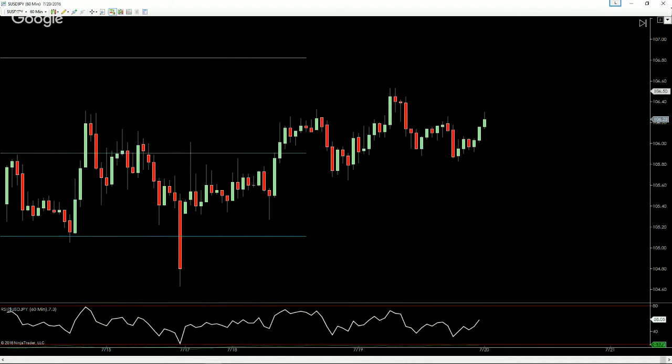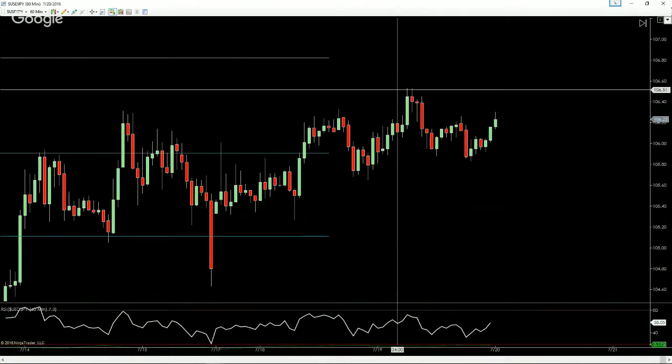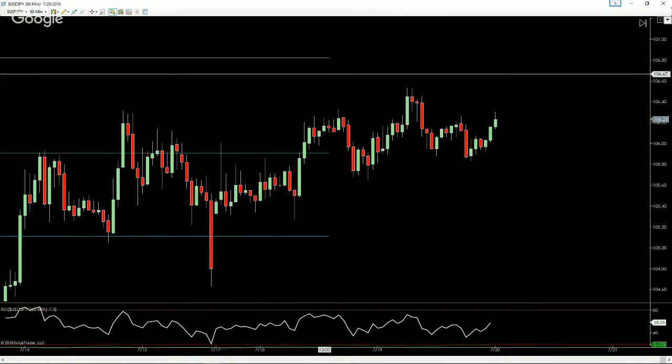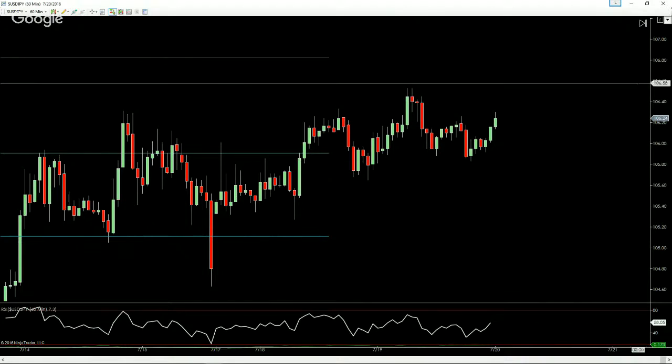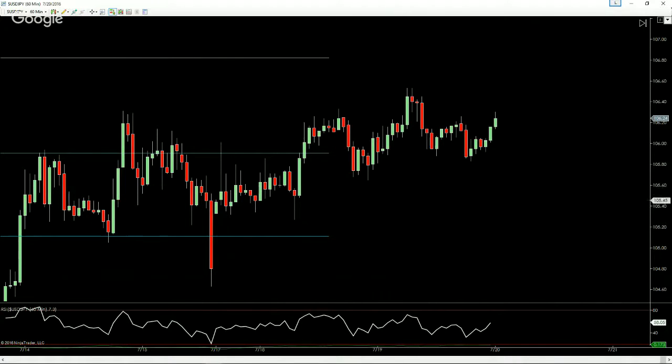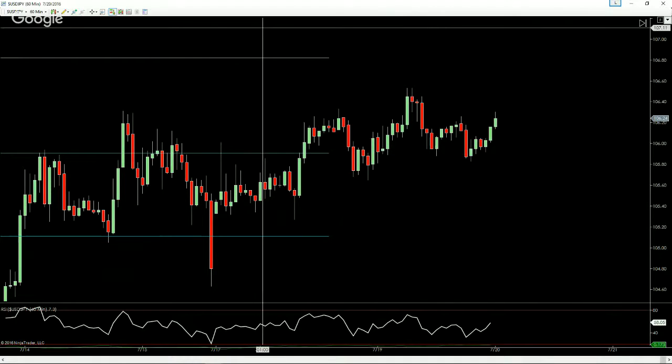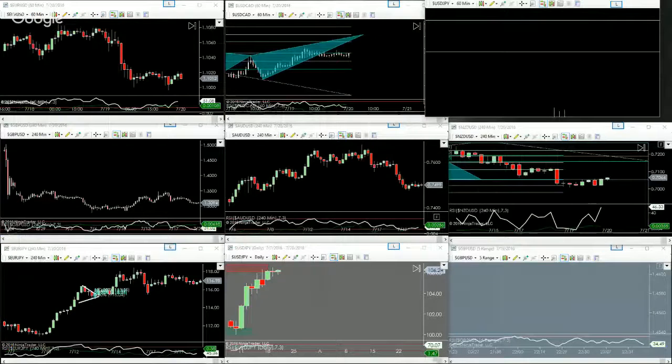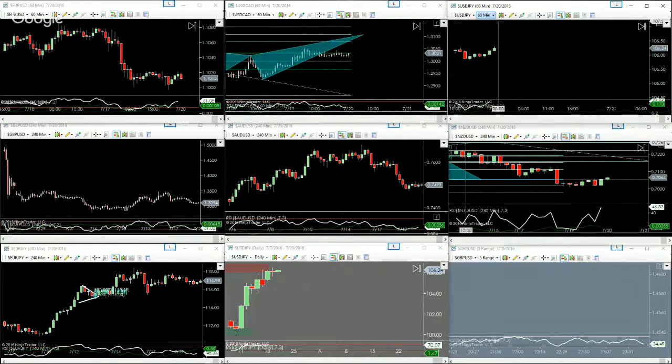Usually what I do there is that I have one target that I use as an extended target. And I enter in the lower time frame, which would give me less risk than if I entered on a higher time frame.